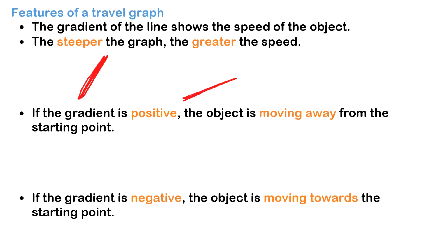Now, if the gradient is positive, and remember that means going from bottom left to top right, it's going in an upwards direction, the object's moving away. Each of these here are suggesting that the person or the object is moving away from the starting position.